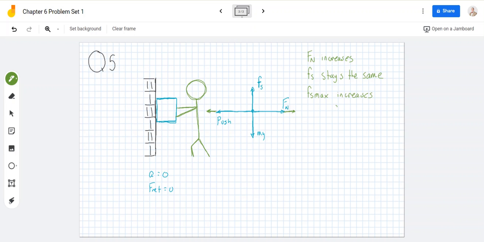Because again, the static frictional force maximum value is dependent upon the normal force. And since the normal force increases, the maximum value of the friction increases, which means you could put more stuff in it. So the heavier it is, the harder you would have to push to increase the normal force, which increases the maximum friction.